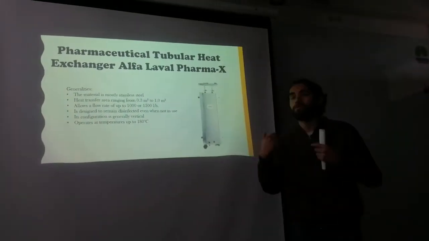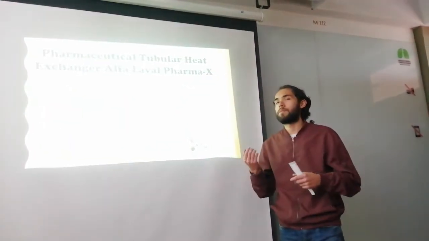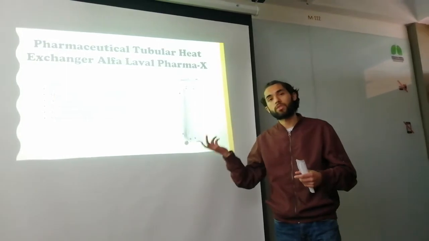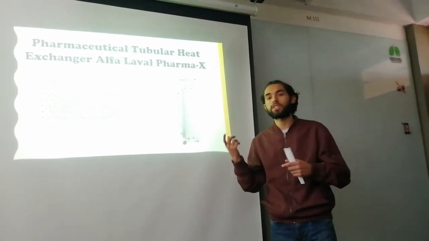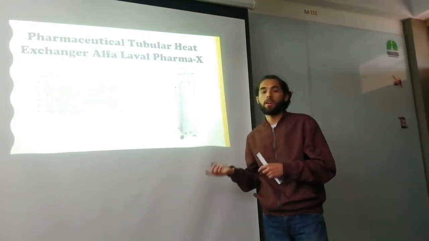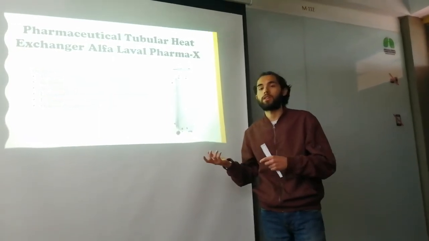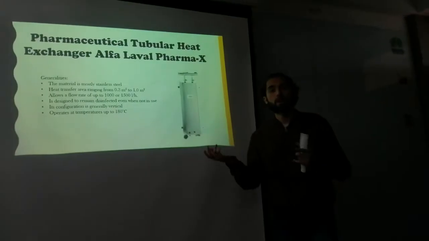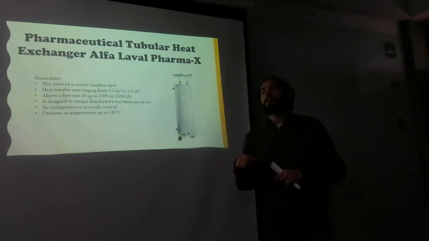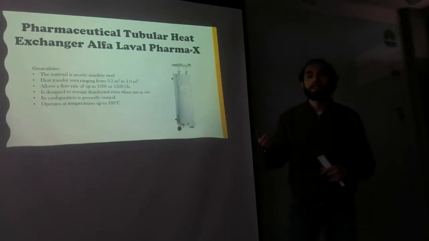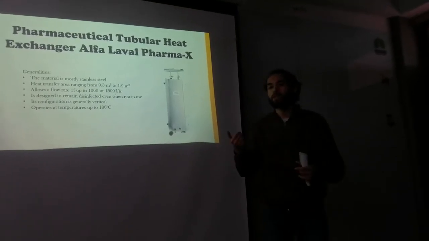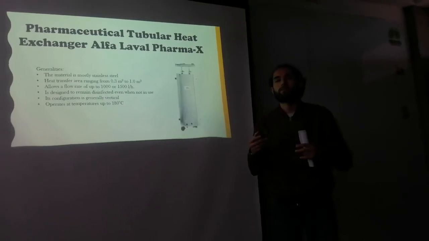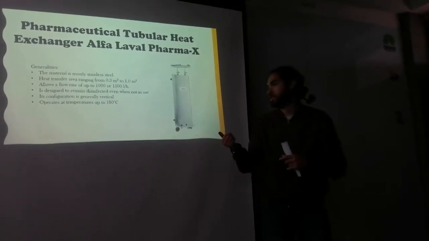As for its construction, the material is mostly stainless steel, with a heat transfer area of 0.3 to 1 square meter, and it allows a flow rate of up to 1,000 to 1,500 pounds per hour. Its configuration is usually vertical and it works up to about 180 degrees Celsius.